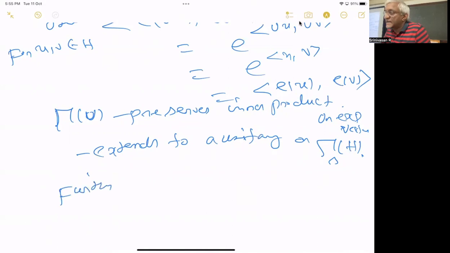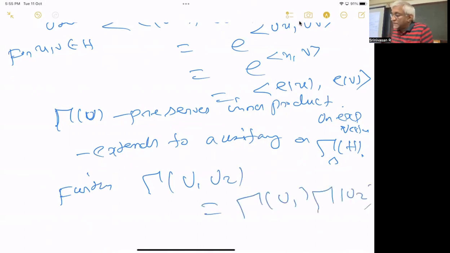So you can define this for any unitary operator. You can easily verify that gamma of U1 U2 is equal to gamma of U1 gamma of U2, because this relation is satisfied on the exponential vectors. Gamma of U2 acts with the unitary operator inside the exponential. Then if you apply U1, it will again be inside the exponential vectors.